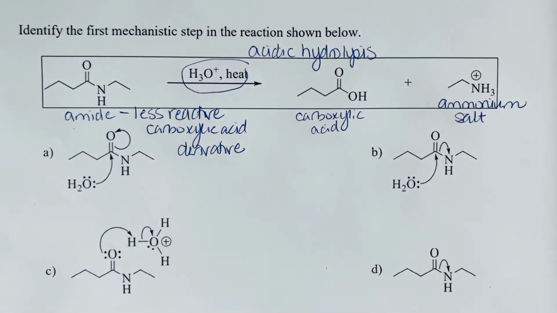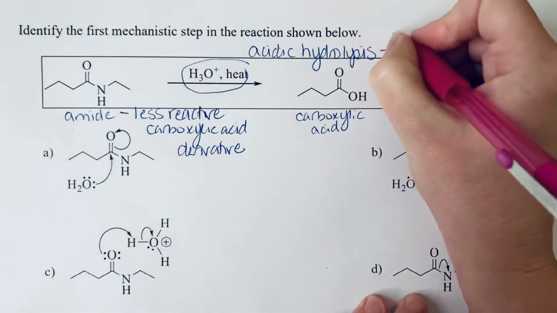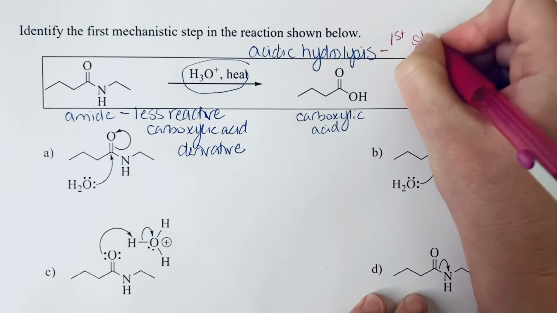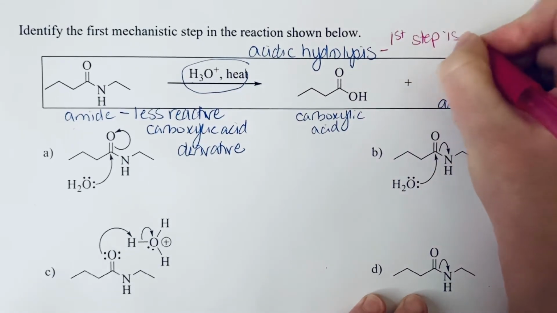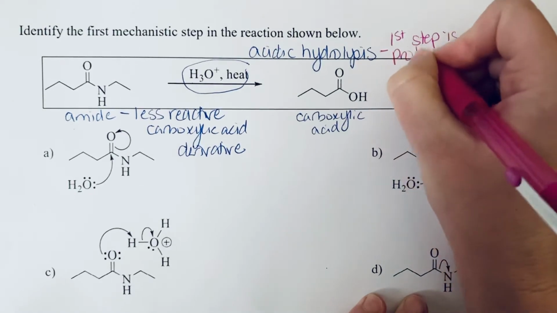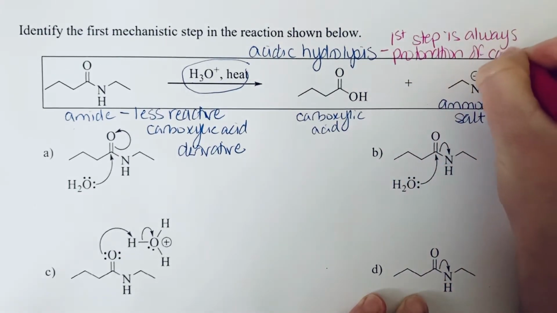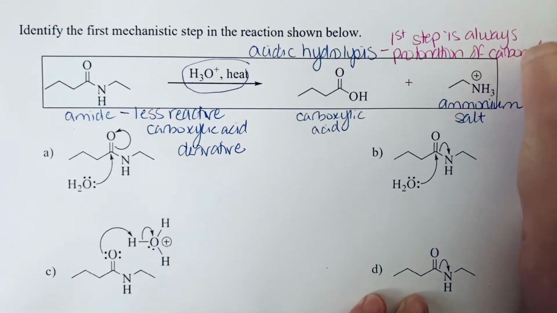When you have acid catalyzed conditions with a carbonyl, the first step is always going to be protonation of the carbonyl oxygen. Right?